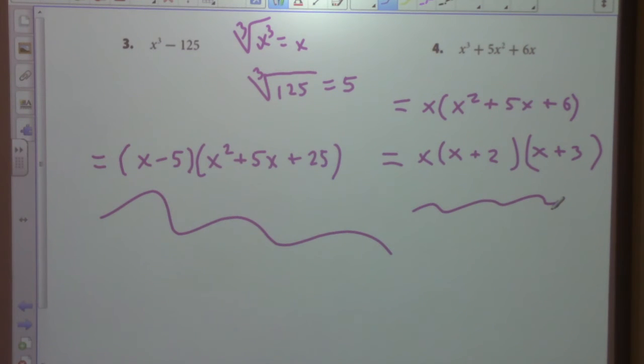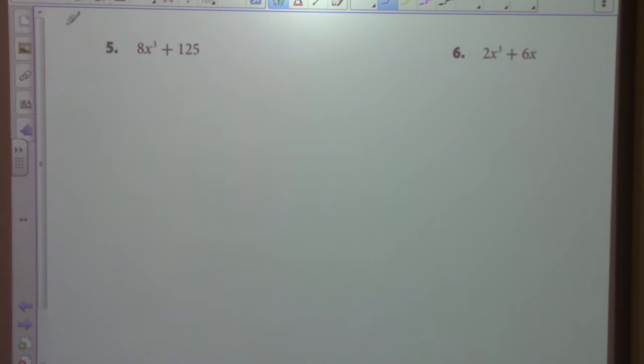A greatest common factor will be a number. It's 3. Yes, because 3 is a factor of 8. Actually, it is not a greatest common factor thing. I take it back. I lied to you. There's not a greatest common factor on this thing.